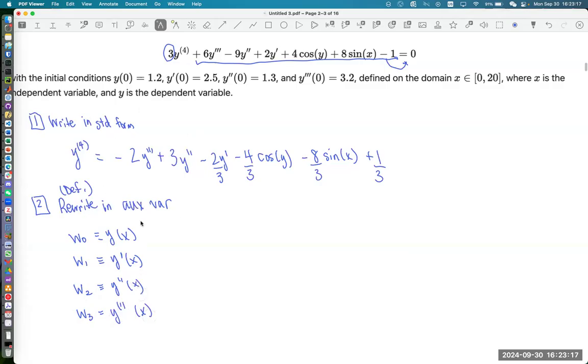Okay, we have made the definition. Third step is to take the derivative, then rewrite in terms of auxiliary variables.